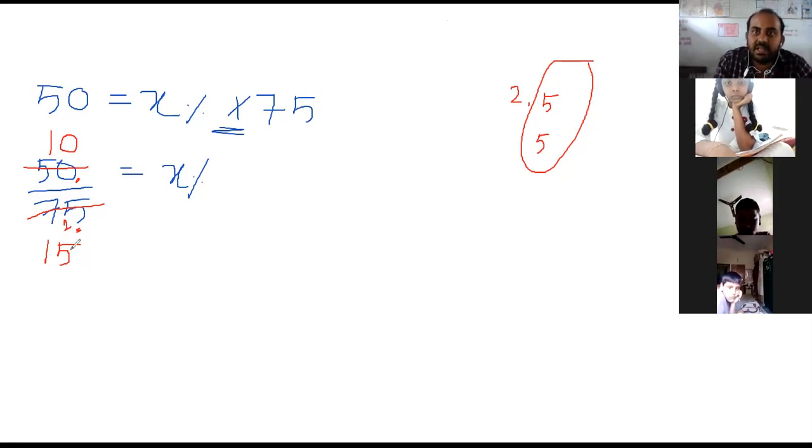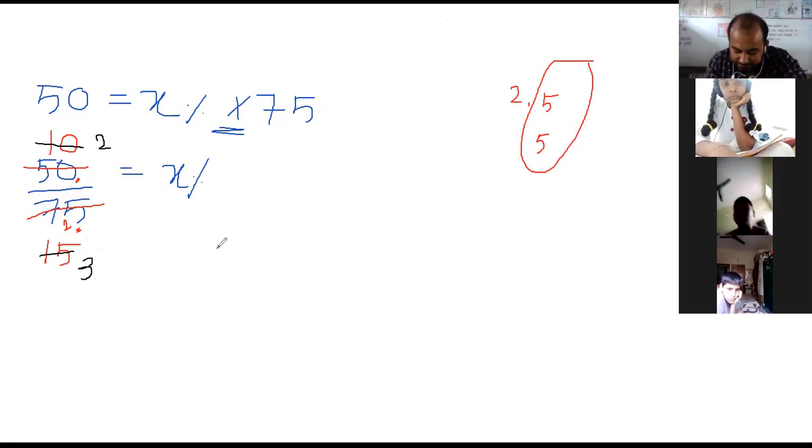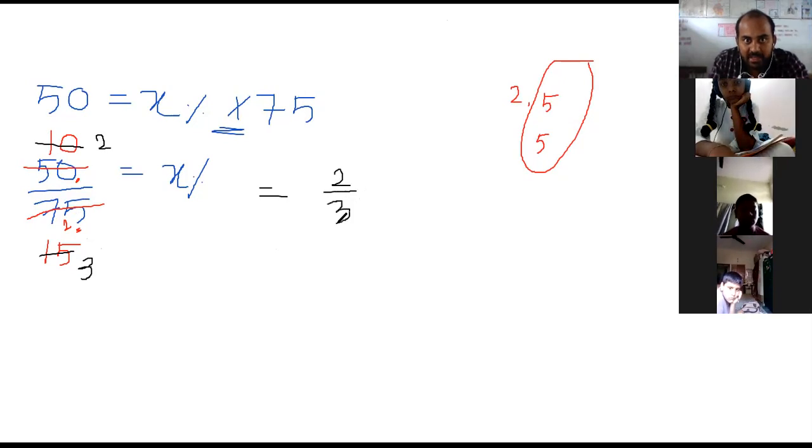But still it will go in which table? 5 table. Yes or no? So 5 twos are 10. 5 threes are 15. Now see here. This is 2 by 3 is equal to x percentage.